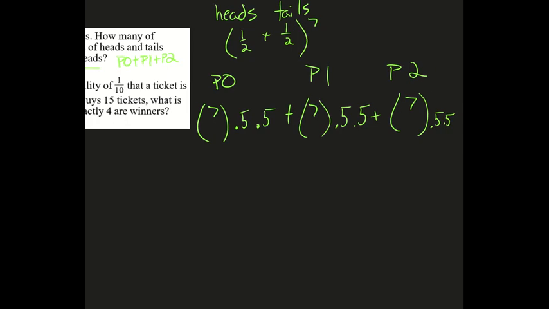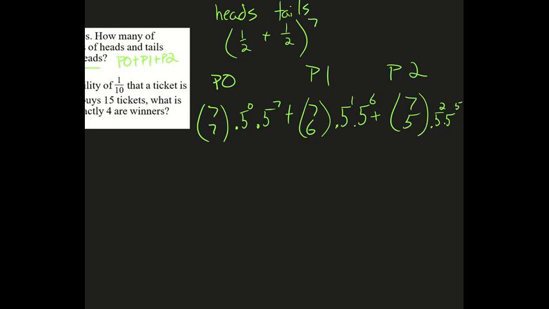Okay. So if we're looking for 0 heads, well then this is 0, this is 7, so this is 7. Right? Because this first one's heads, the second one's tails. But it doesn't really matter which order you do this in because they're the same.